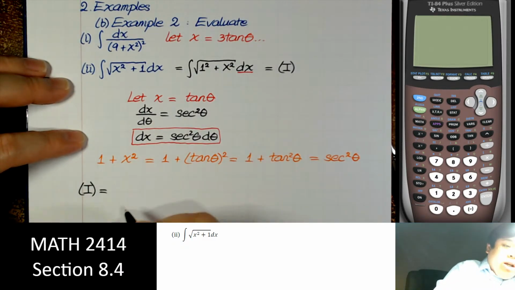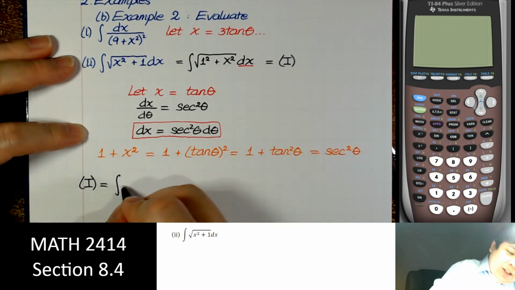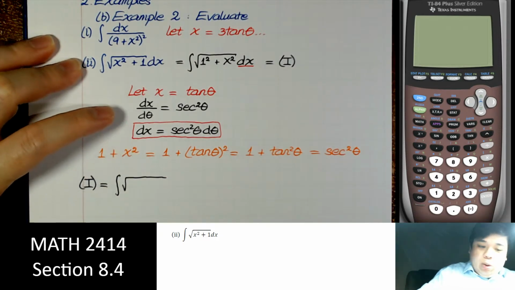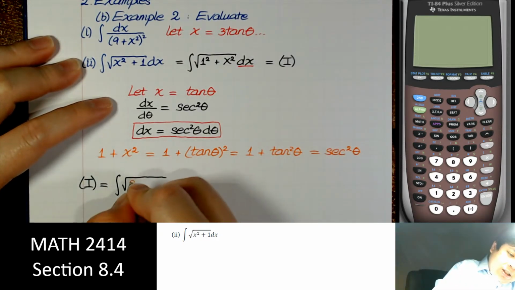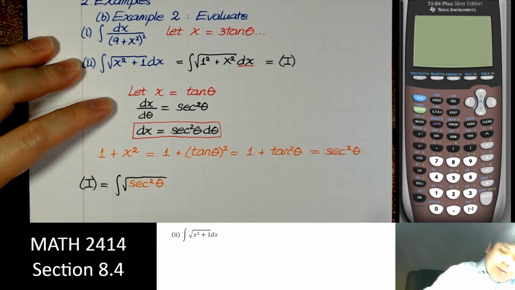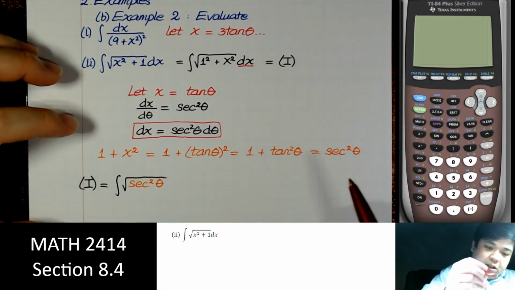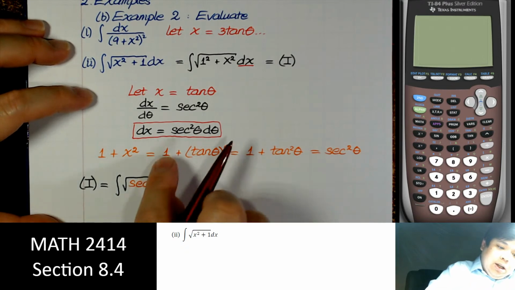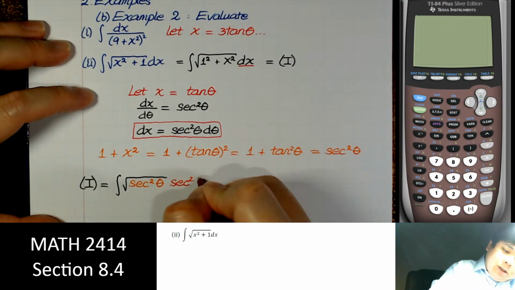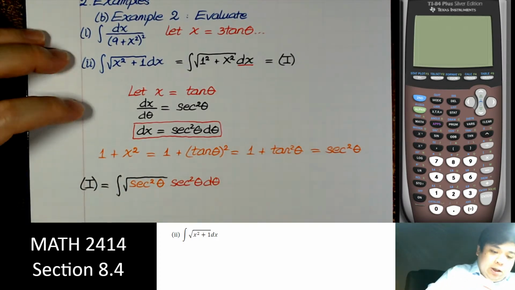The integral will be equal to the square root. Instead of 1 plus x squared, we're going to use secant squared. And dx is going to be this. Right?